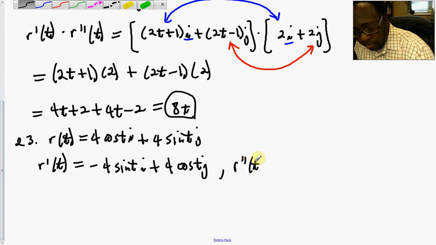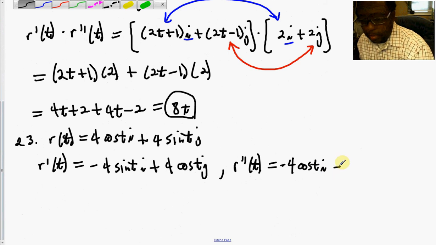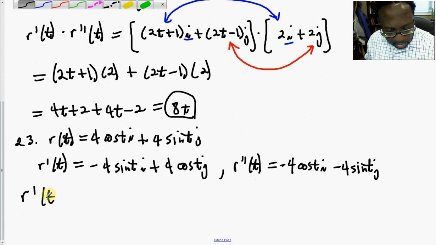r double prime of t is negative 4 cosine t i minus 4 sine t j. We take the dot product of these derivatives.